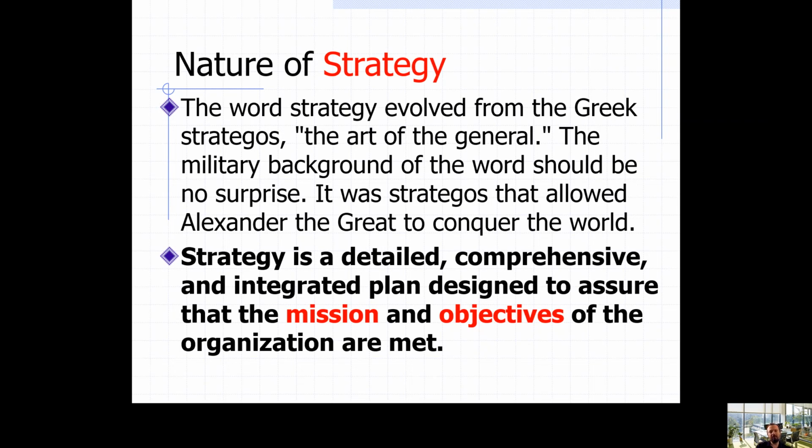And from this definition, you can see a new word, mission, and we will discuss it a little bit later. But very briefly, a mission is the main objective of the organization, the purpose of its existence.